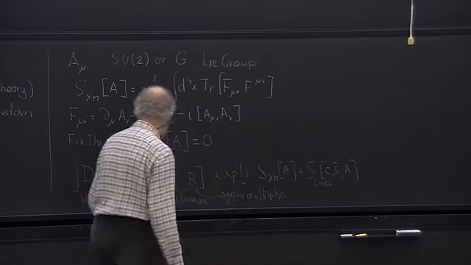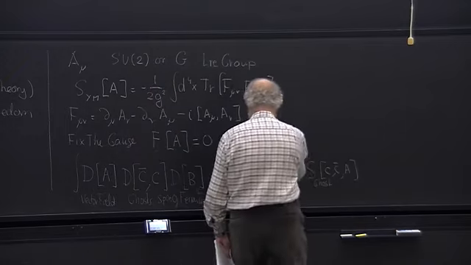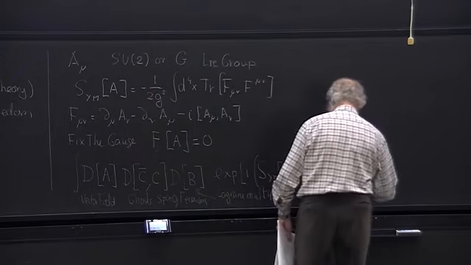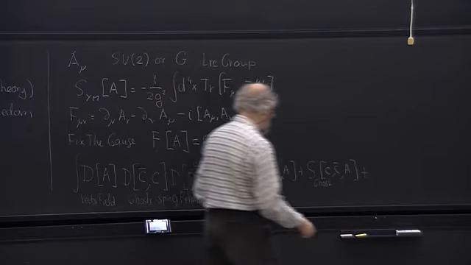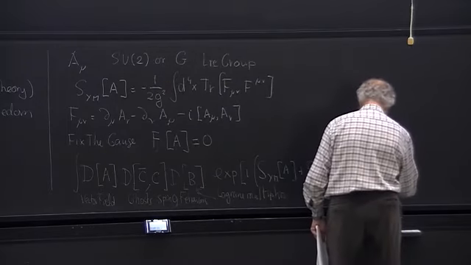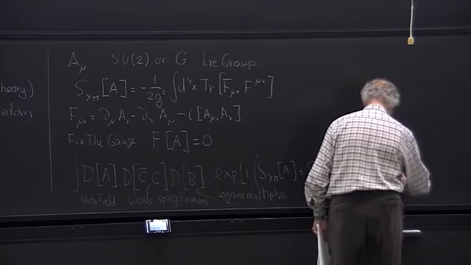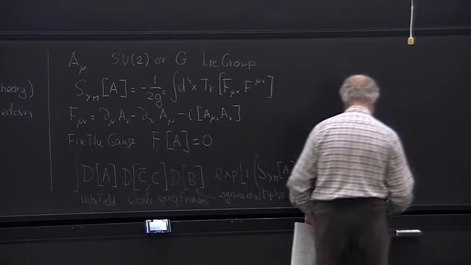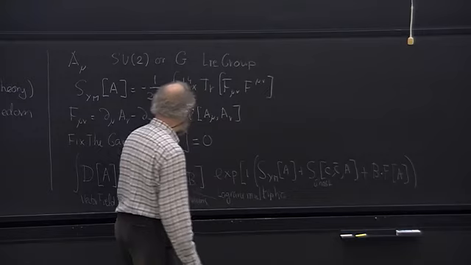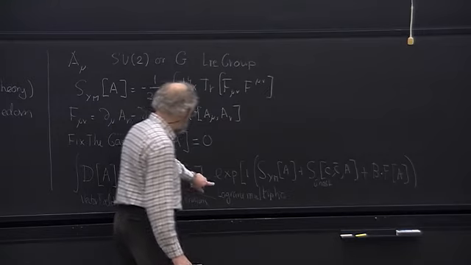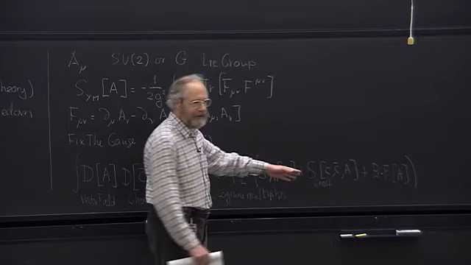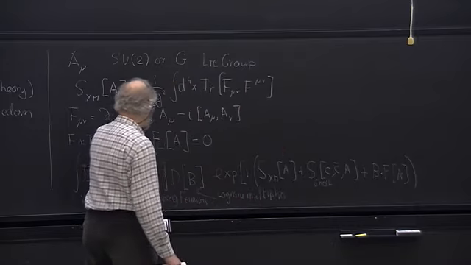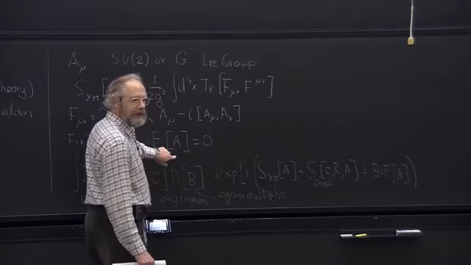And then the term that fixes the gauge, which I can denote just B times F of A. So when you integrate over B, you get the integral over B of exponential i B times F of A. So this is just a definition of the Fourier transform of delta F of A equals 0.